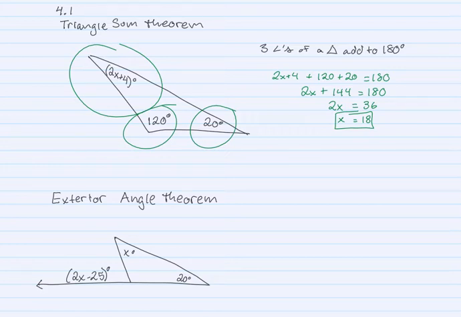If it's asked simply for the measure of the missing angle, so let's say I didn't have that 2x plus 4 there, all you would do is take 120 plus 20 and get 140, and take that away from 180. So this missing angle should be 40 degrees.